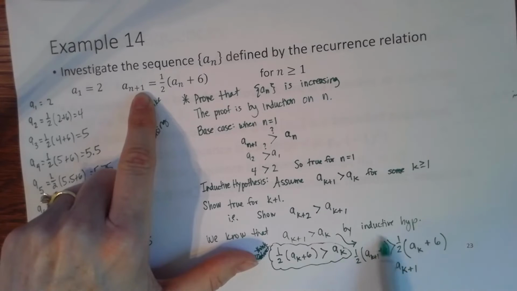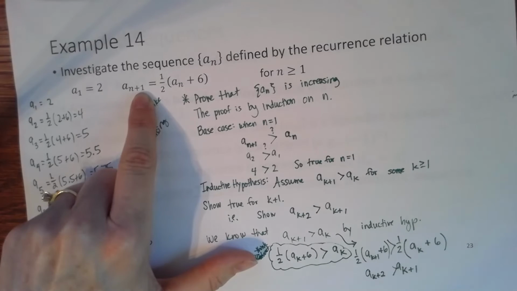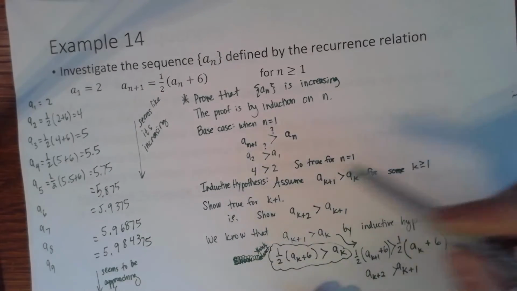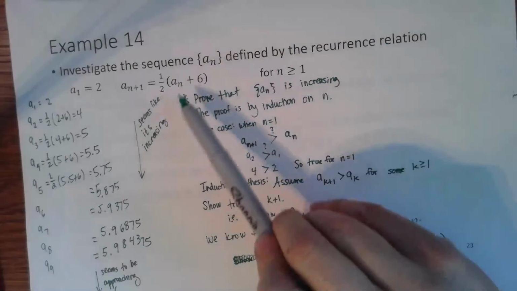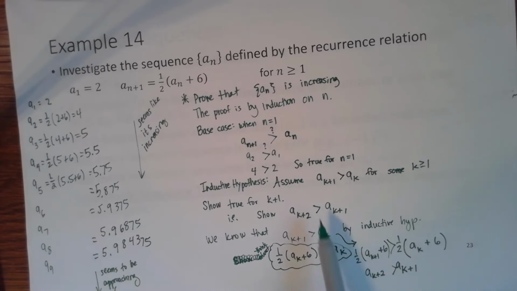So this thing is the same thing as a sub k plus 2. Thinking about how I can turn a sub k into a sub k plus 1 allowed me to get that a sub k plus 2 is greater than a sub k plus 1. So that's what I was trying to show.